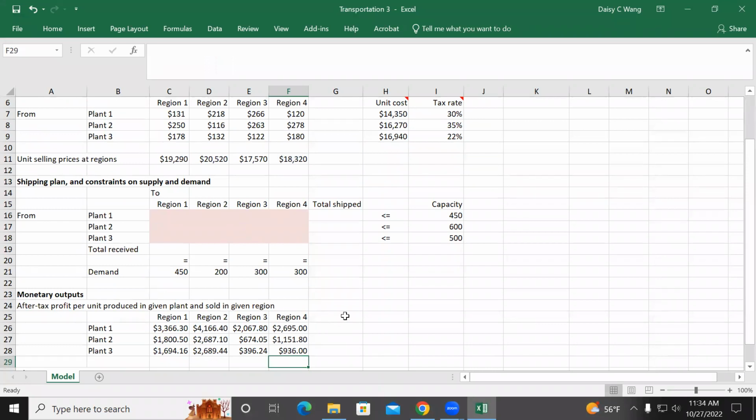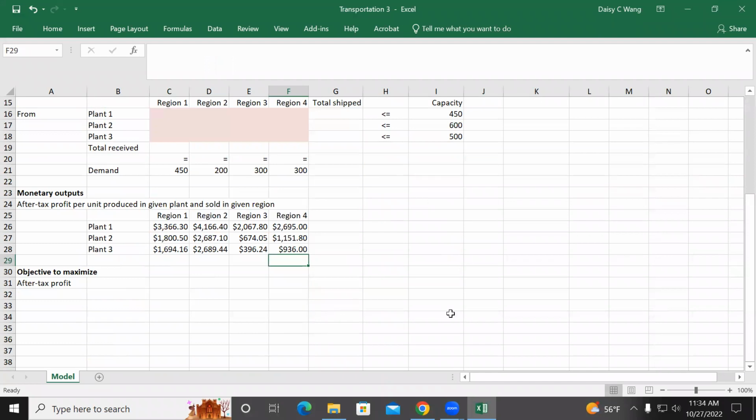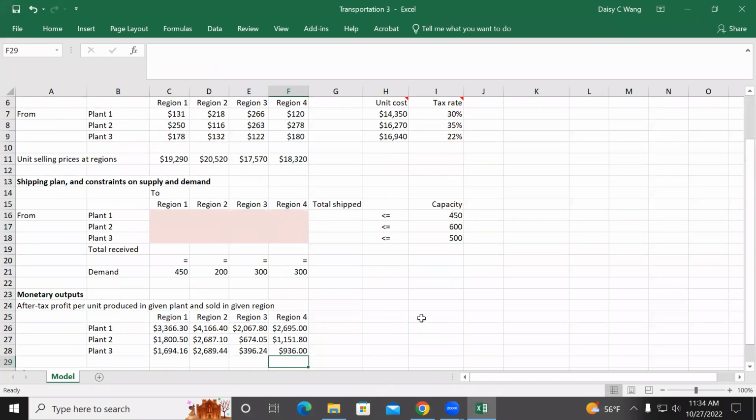So this is the most difficult part, I think. The rest of it, you guys should know what to do. So what should this formula be? One of the constraints. Sum, yes, just sum.